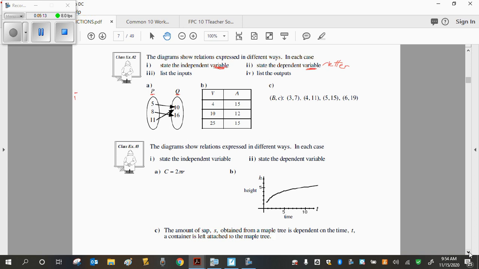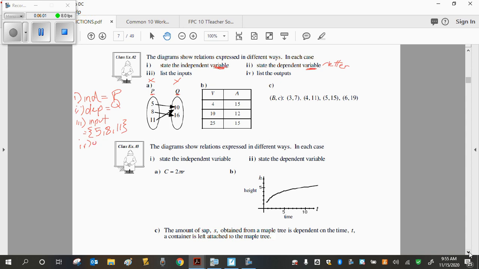So number one, the independent variable is going to be one of these, and you have to know that P and Q are just like X and Y. Okay, so your independent variable is P. Your dependent variable is the Y, which is Q. The input, usually you can do a squiggly bracket, so do your best squiggly bracket, are the values of P. So 5, 8, and 11.